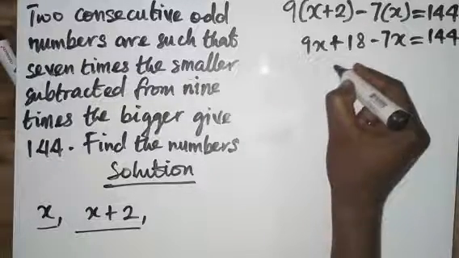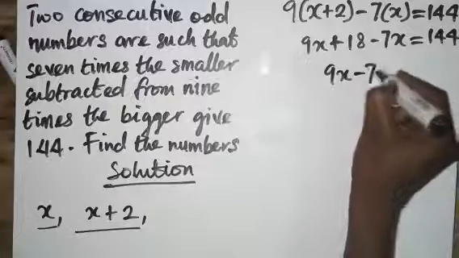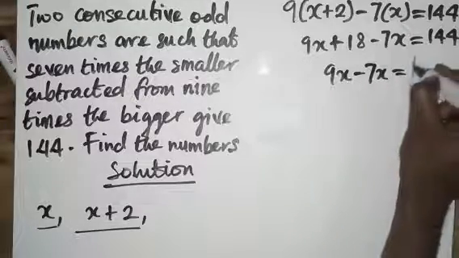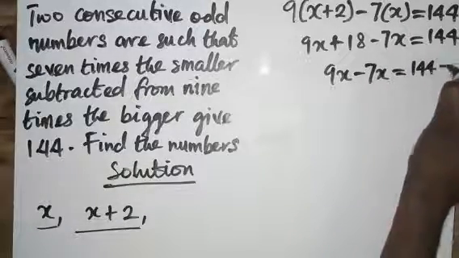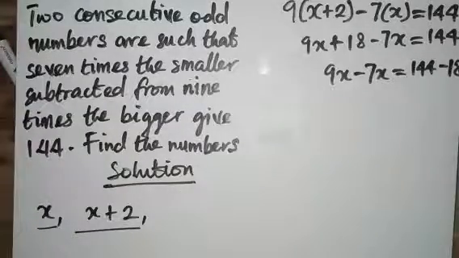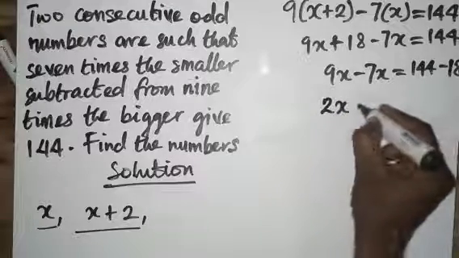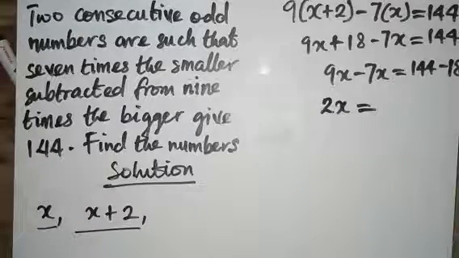Now I've got 9x minus 7x equals 144 minus 18. So I've got 2x equal to 144 minus 18.